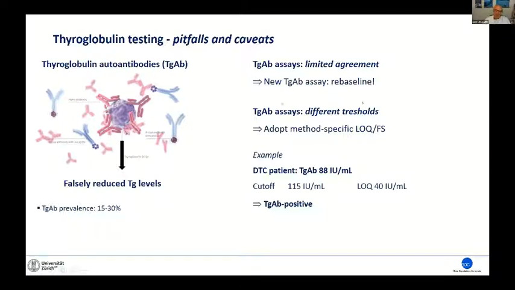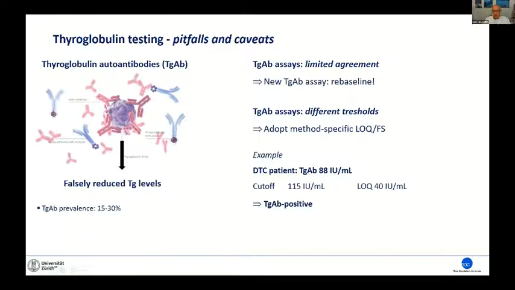And the other problem is related to the different thresholds. Generally, manufacturers provide thresholds for thyroglobulin antibodies designed to detect autoimmune thyroid diseases. The problem in patients with DTC is different, and is to detect patients with levels of serum thyroglobulin antibodies potentially able to interfere with thyroglobulin measurement.